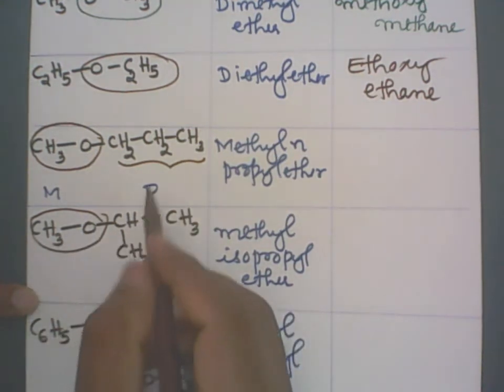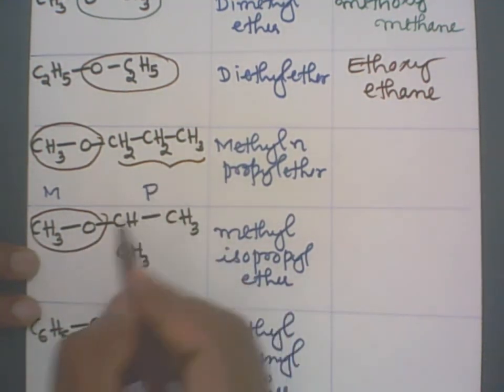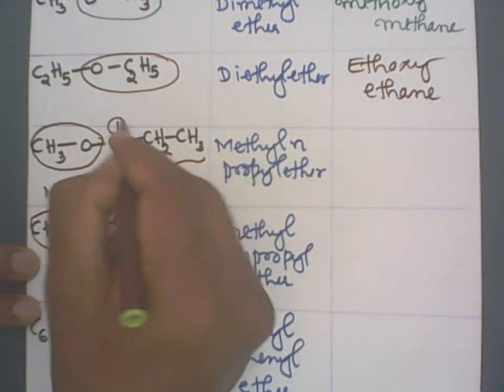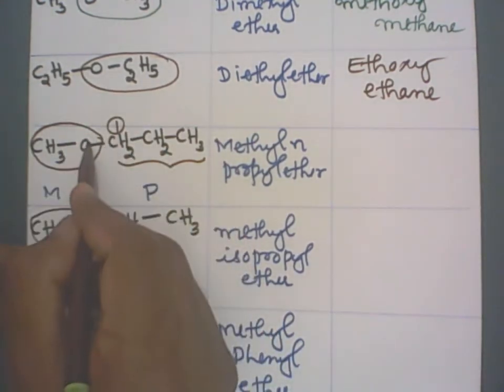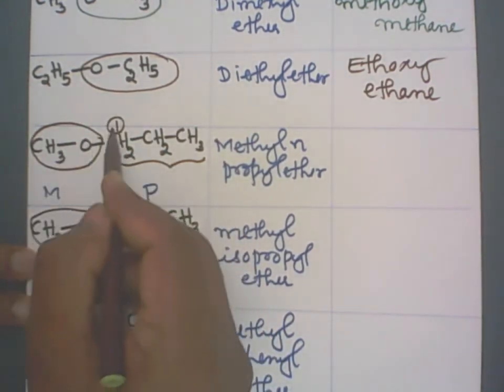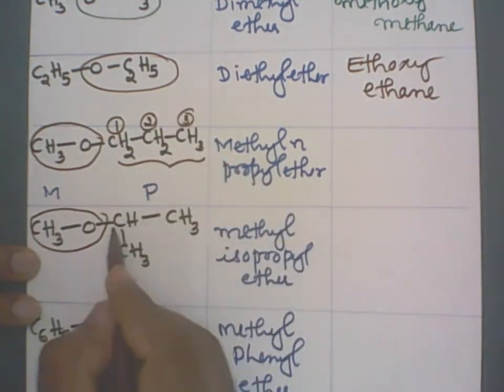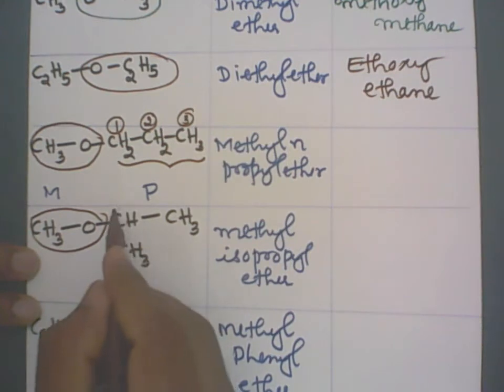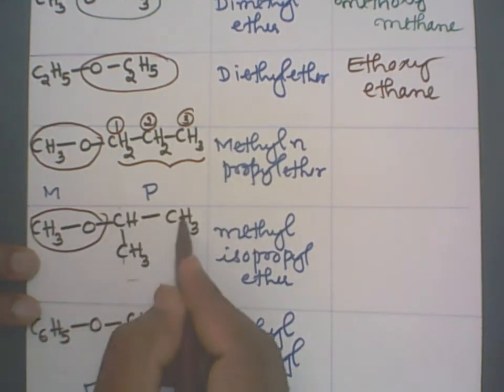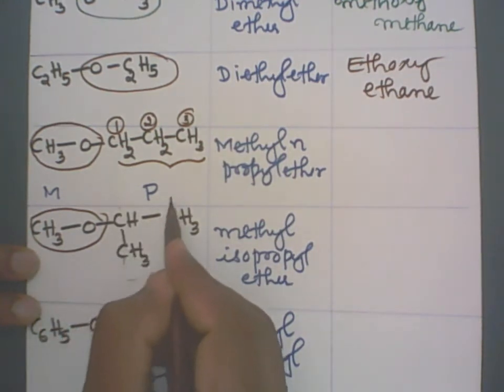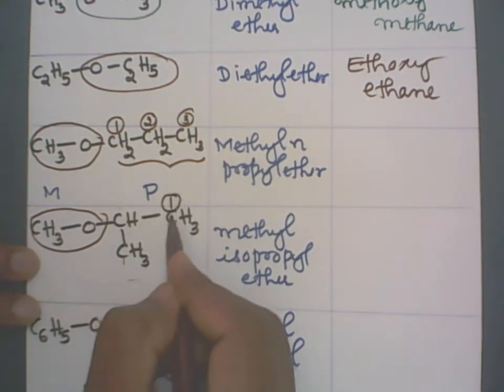Longest chain. Now I can number the carbon atom. So carbon number 1 from one side to the function group, right? Carbon number 1 attached to the function group, carbon number 2 and carbon number 3. What about this one? I cannot write 1 here. If I write, so what will happen now? This will not be a linear chain now. So I should start from the one end.